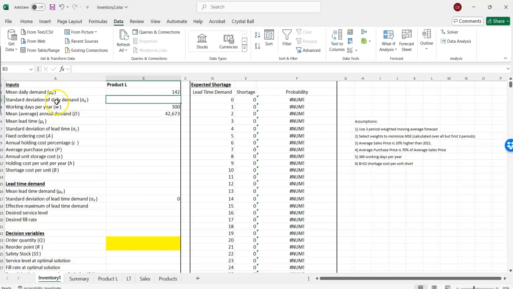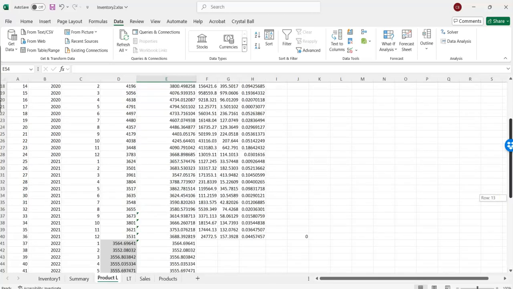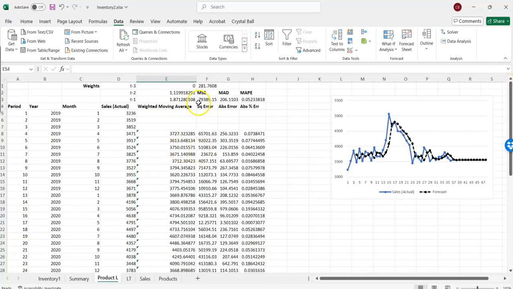Now, one way we can use the forecast to estimate the standard deviation of daily demand is to use the mean squared error. We notice the mean squared error is 79,389. If we take the square root of that, we would call that the root mean squared error, RMSE, and that's a monthly number.